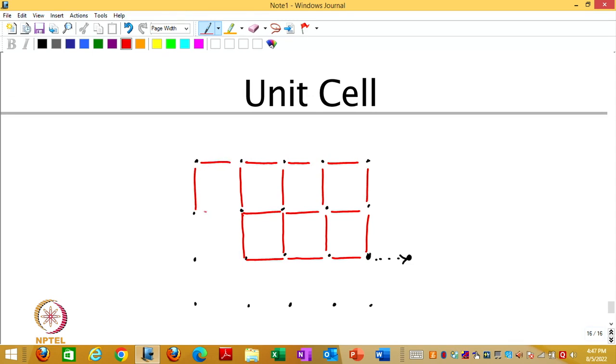So, if we create a tessellation, just tiling. So, unit cell is a tiling of the entire lattice or the crystal.